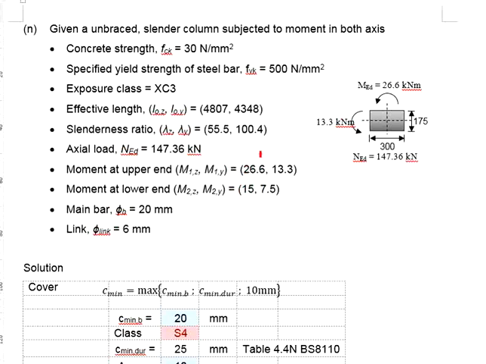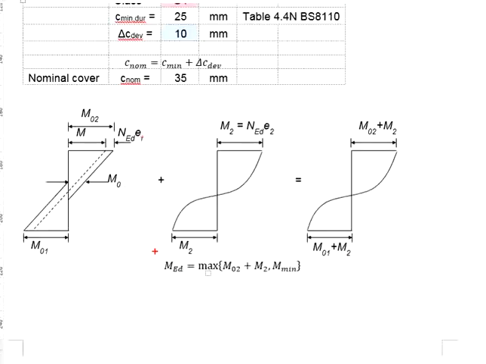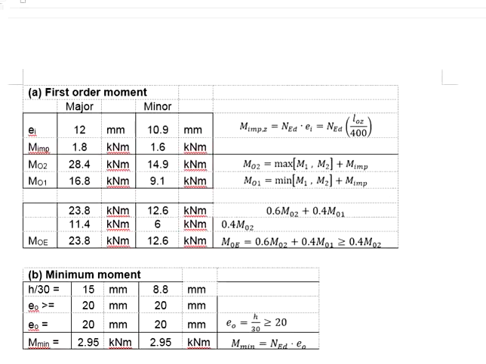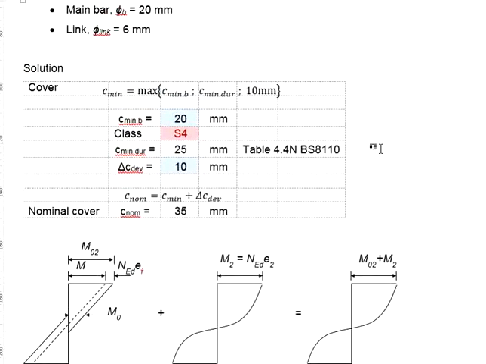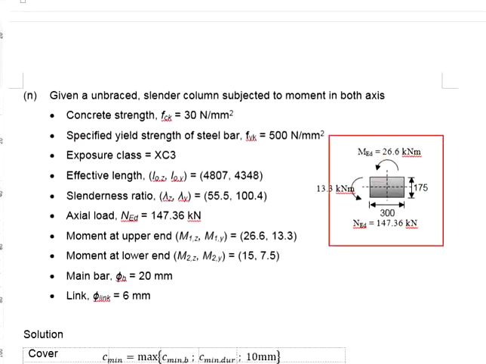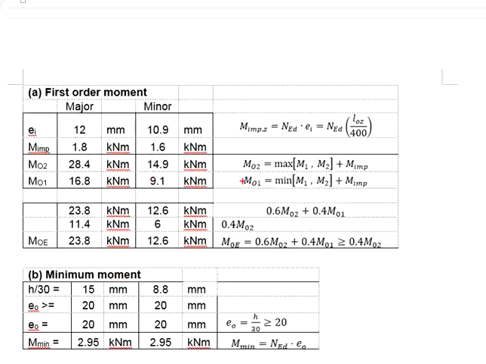We will do the same for the minor axis. To calculate the MED, you will need to deal with both axes, since the moment is acting in both axes. This M01 and M02 will have to incorporate moment due to the imperfection.